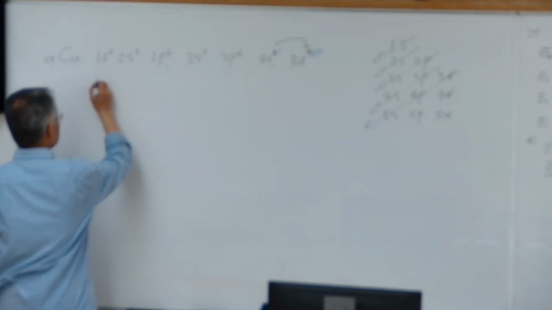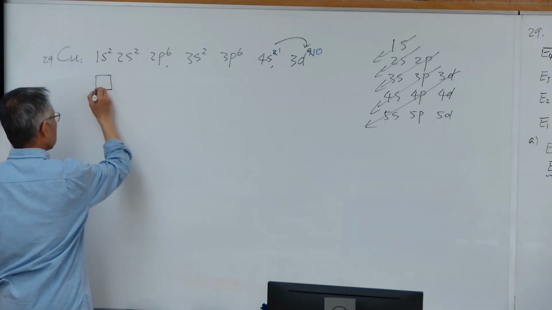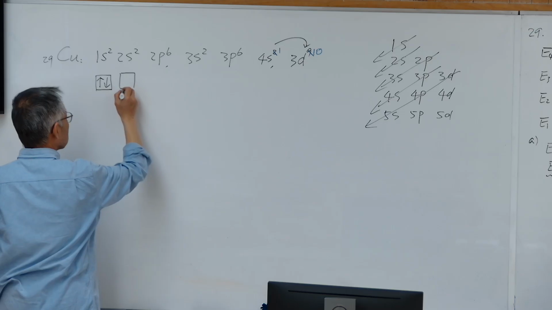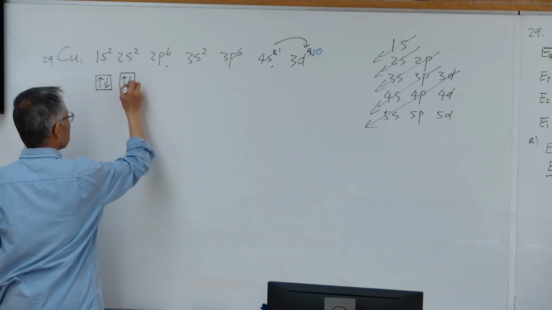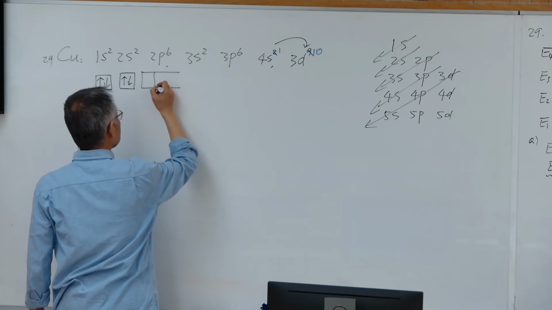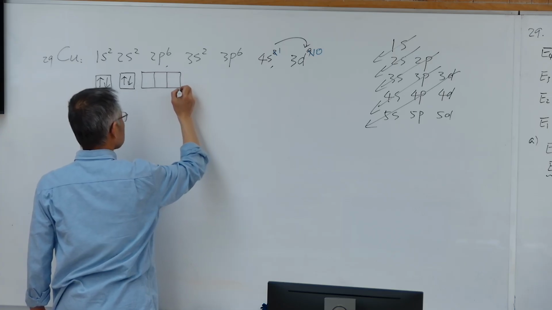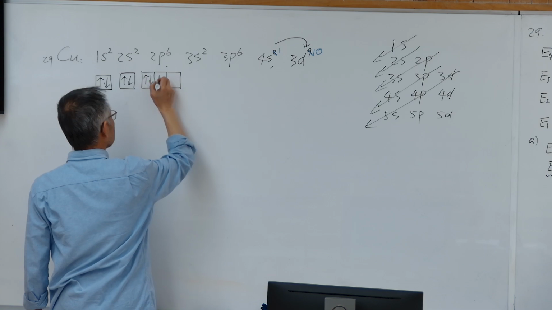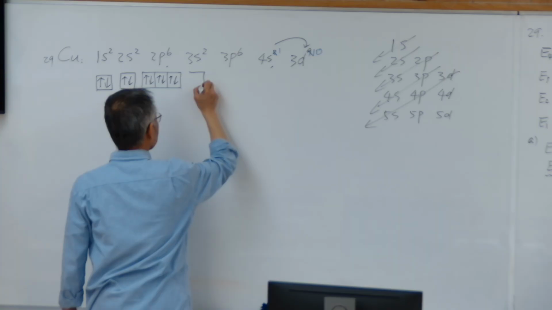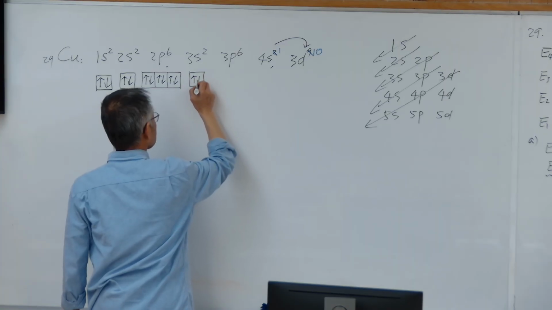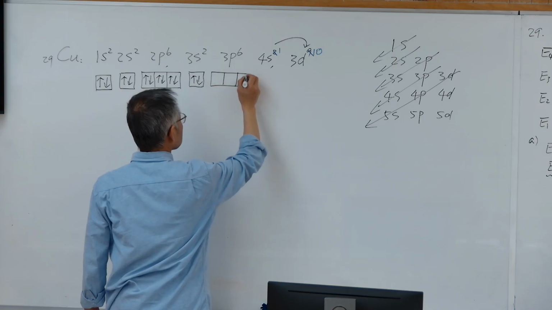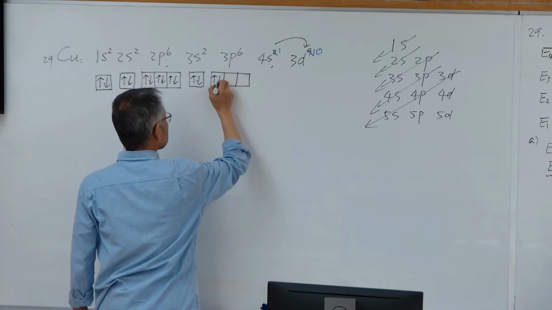Then write the orbital diagram. 1s, 1 orbital, 2 electrons. 2s, 1 orbital, 2 electrons. 2p, 3 orbitals, 6 electrons. 3s also 1 orbital, 2 electrons. 3p, 3 orbitals, 6 electrons.